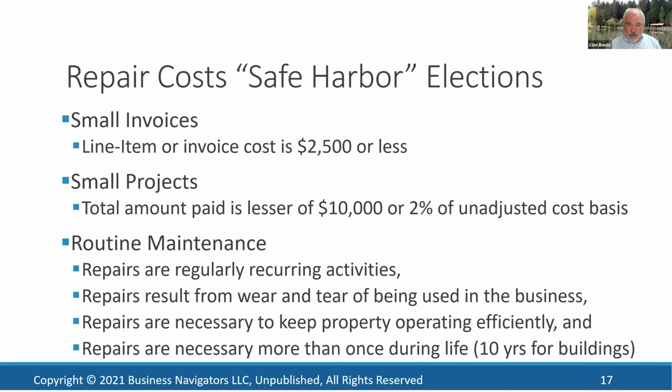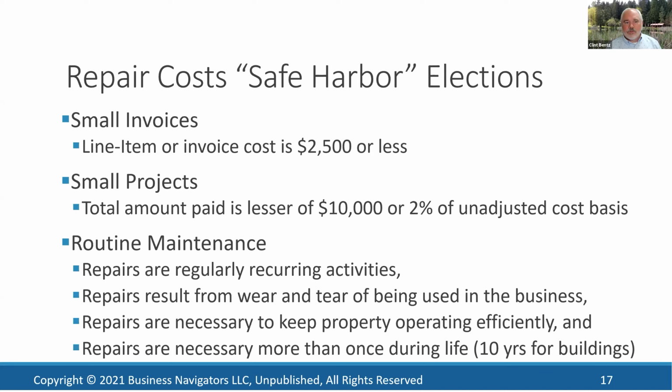Again, we have to invoke the safe harbor, attach a statement to the return saying we're electing the safe harbor for repair costs, and there's a reg that goes along with that. So the first election is for the small invoices, $2,500 or less.